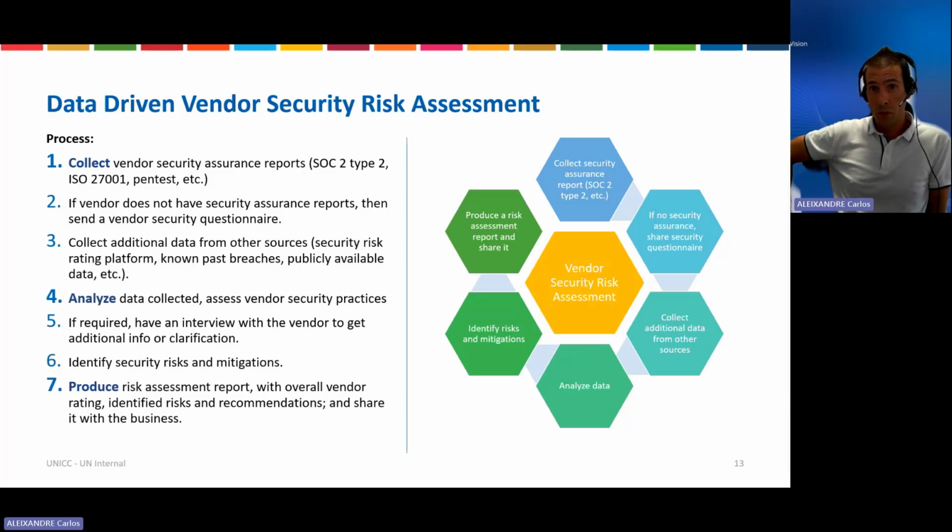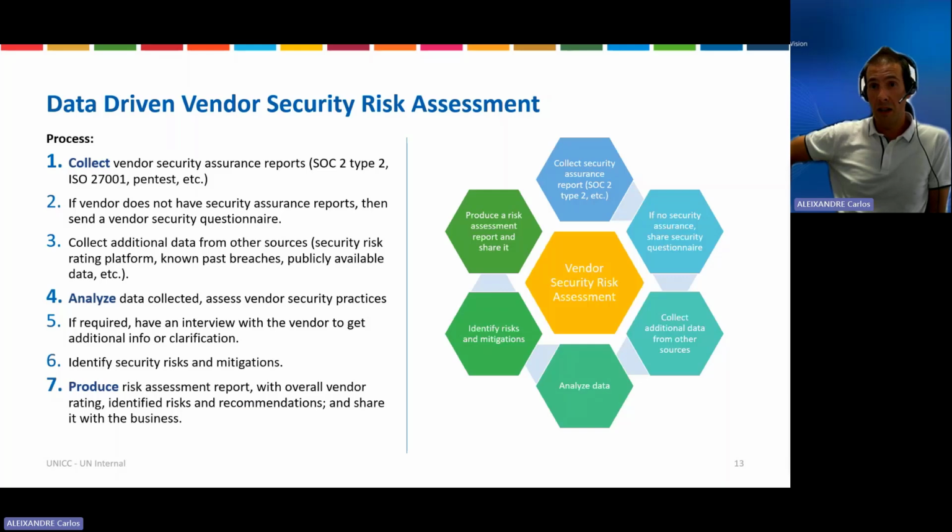Like SOC 2 Type 2, ISO 27001, penetration test, business continuity test. So these are also important reports that we should take into consideration, not only the SOC 2 Type 2 report or the ISO 27001 certificate and similar ones, but penetration test and business continuity test also provide good insights on the security posture of the vendor, right?